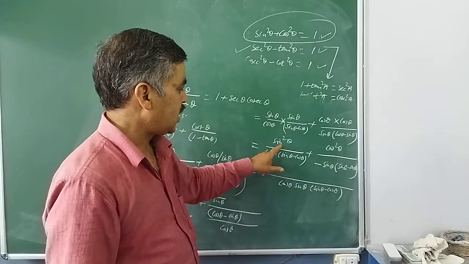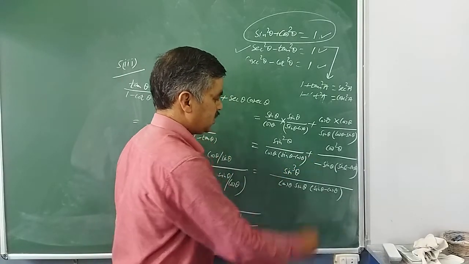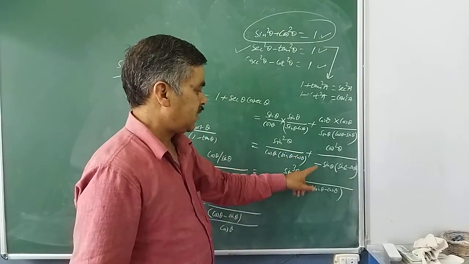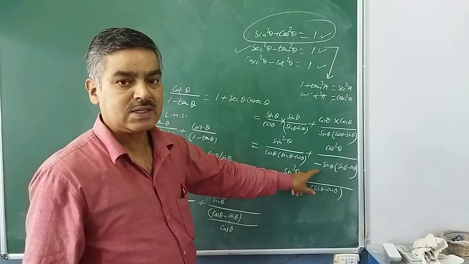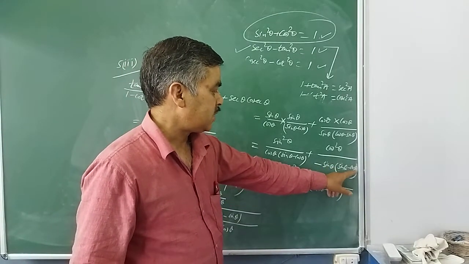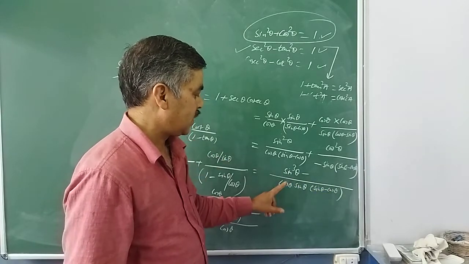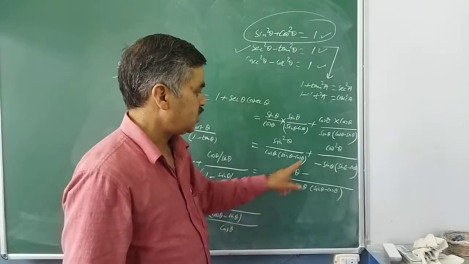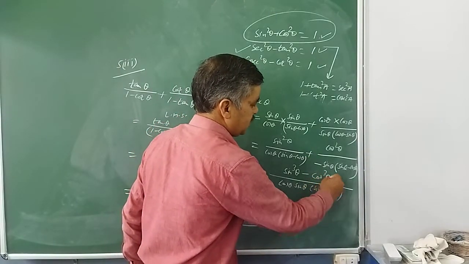So sin into sin square theta will give you what? Sin cube theta. And plus divided by minus is always minus. So now sin into sin minus cos, when you divide by this, will go off, you are left with cos only. So cos into cos square theta will give you cos cube theta.